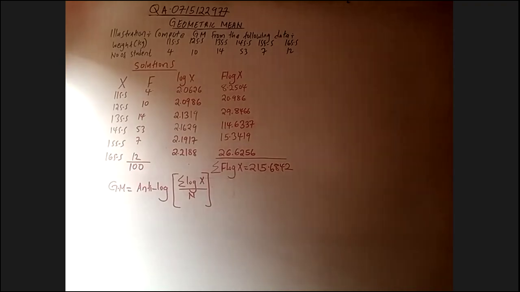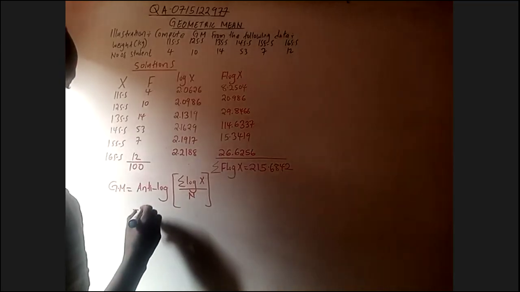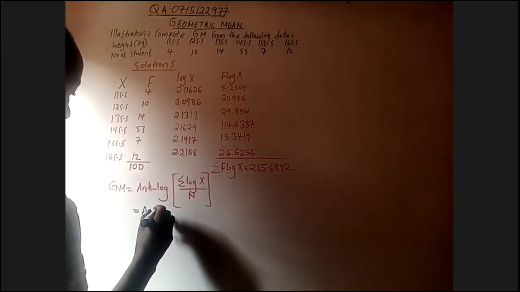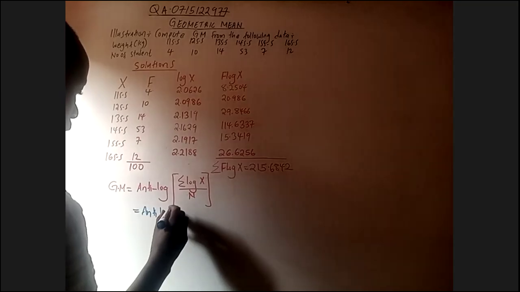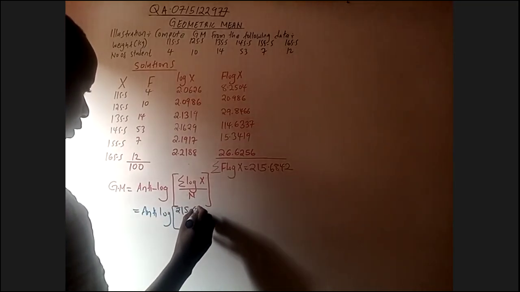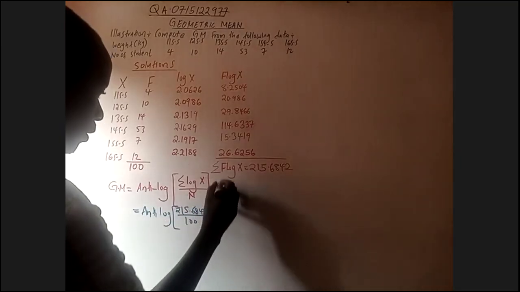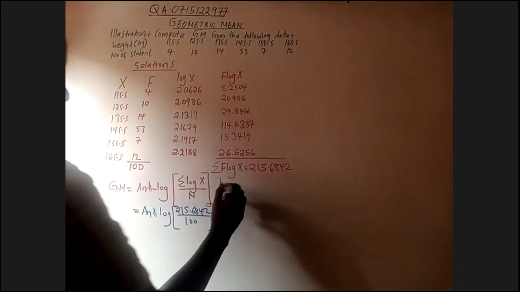Now let's put in our formula. It will be the antilog of 215.6842 divided by 100. Now what will be our antilog?